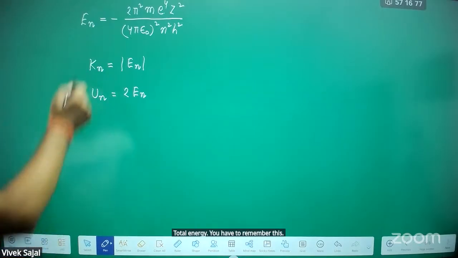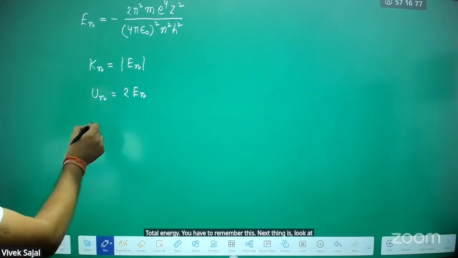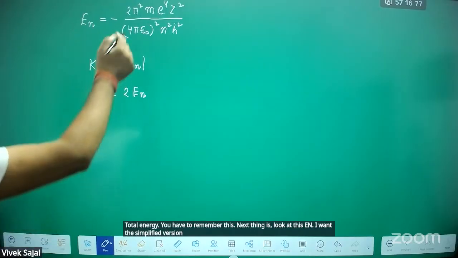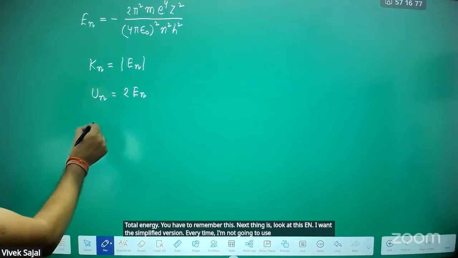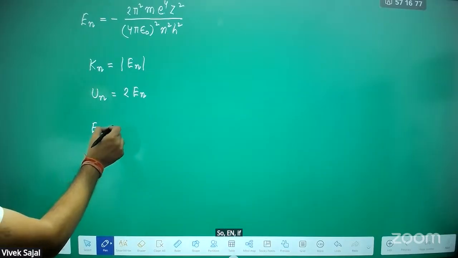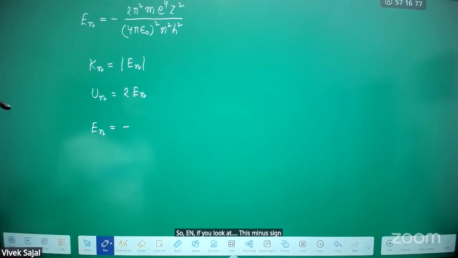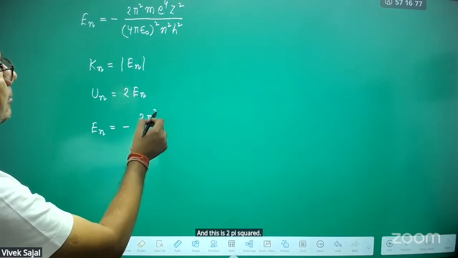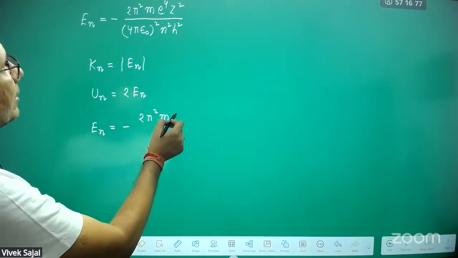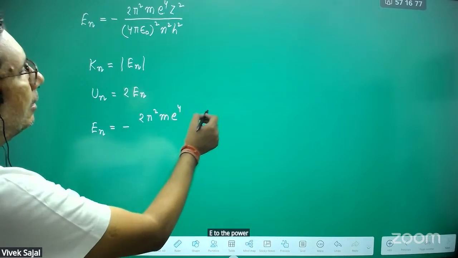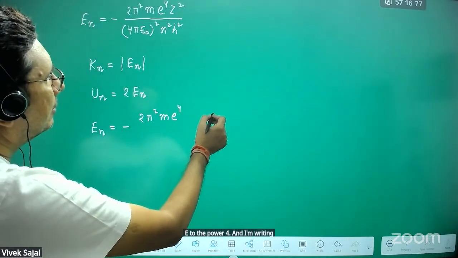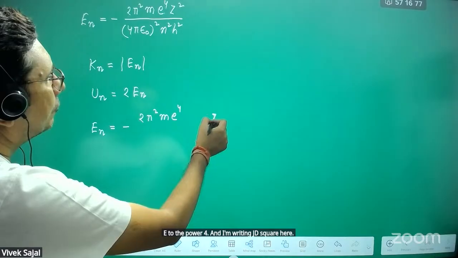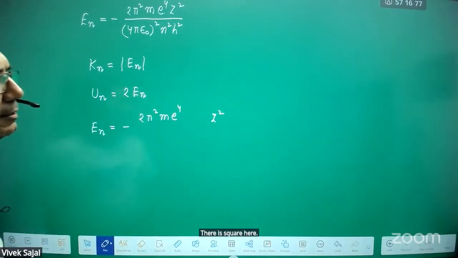Next thing is, look at this En. I want the simplified version. Every time I'm not going to use this formula. So En, if you look, this minus sign I'm writing here, and this is 2 pi square m e to the power 4, and I'm writing Z square here. Okay?